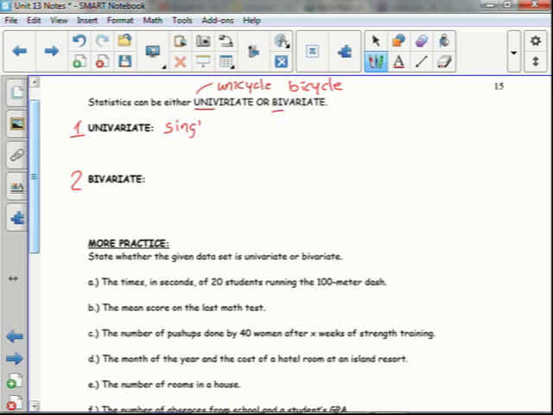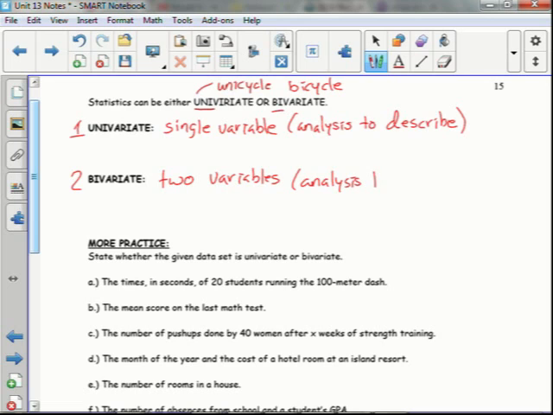So when we have univariate, it's a single variable, and it's usually an analysis to describe something. We sold 100 hot dogs. Bivariate is two variables. And when you have bivariate data, we're usually looking at analysis to explain. Did one thing cause the other one? Or are they related?